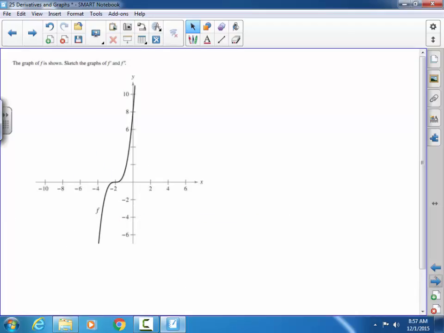So look at this graph. I'll give you a couple of minutes to talk about it. Here's the f graph, f prime and f double prime. Go.